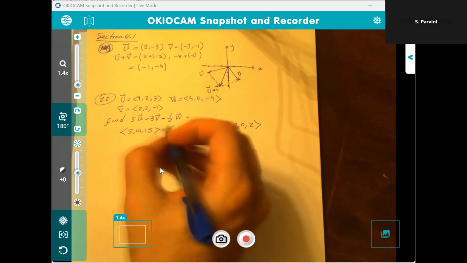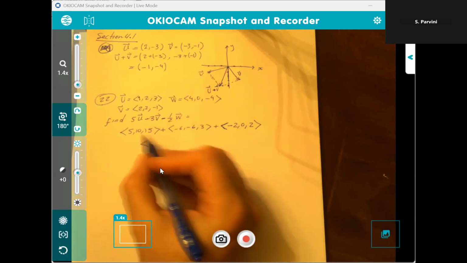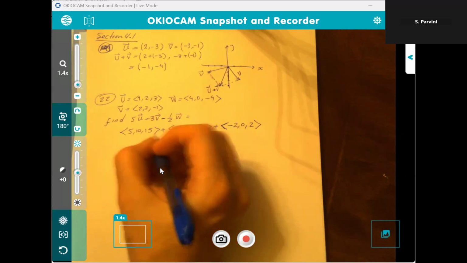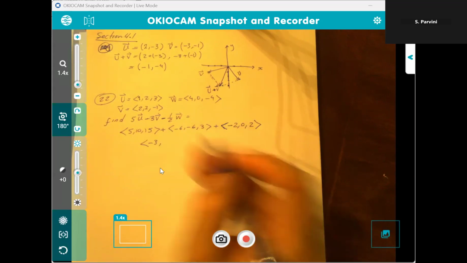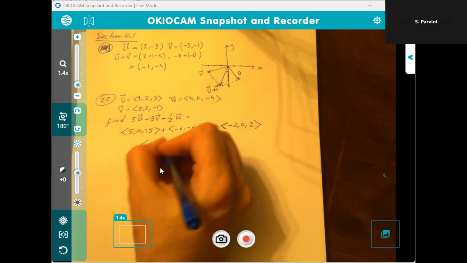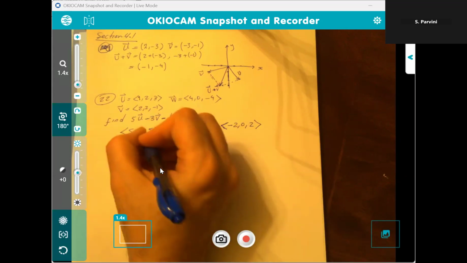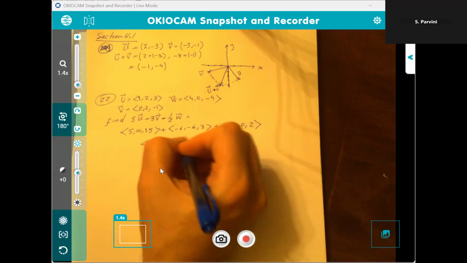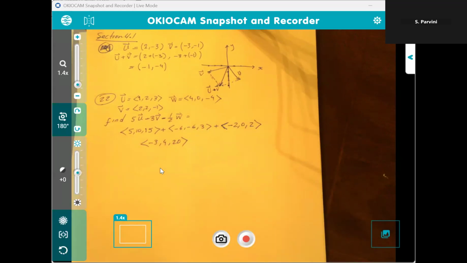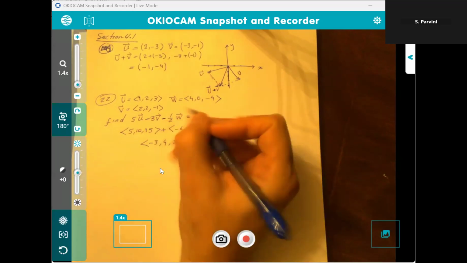Good. And then we combine the components. So 5, negative 6, and negative 2, that's going to be negative 3. 10, negative 6, 0, that's going to give me 4. The last number is going to be 15, and 3 and 2, that makes up 20. So that's going to be the resultant vector.